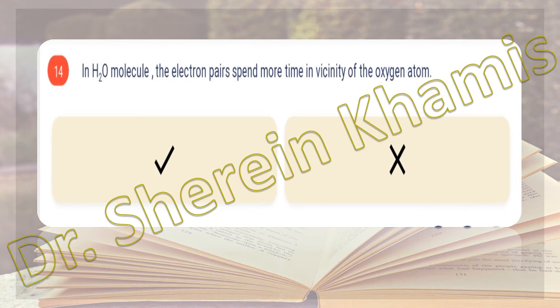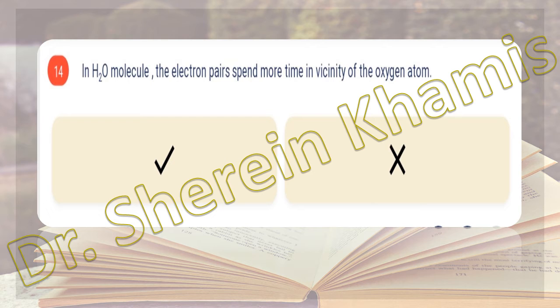Okay, let's go into question 14. Question 14 says that in the water molecule H2O, the electron pairs spend more time in the vicinity of the oxygen atom. In the vicinity means in the area or cloud surrounding the nucleus of the oxygen atom.